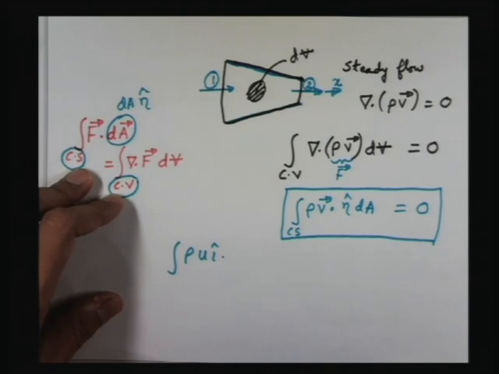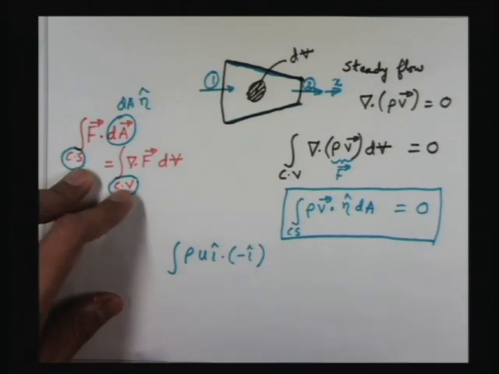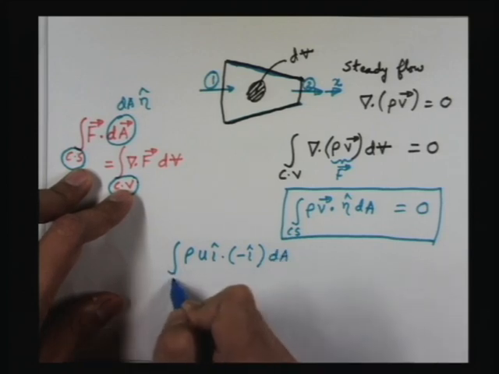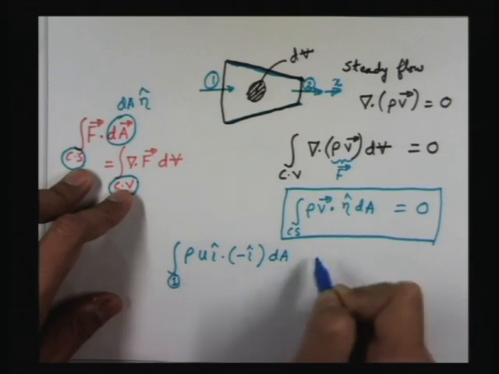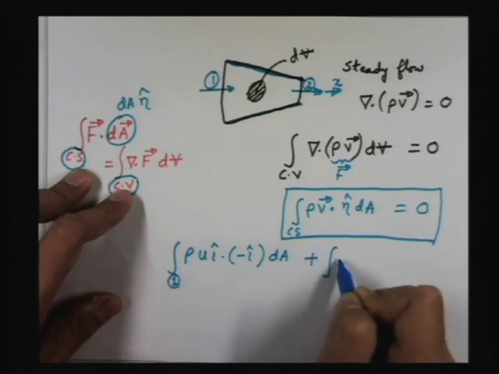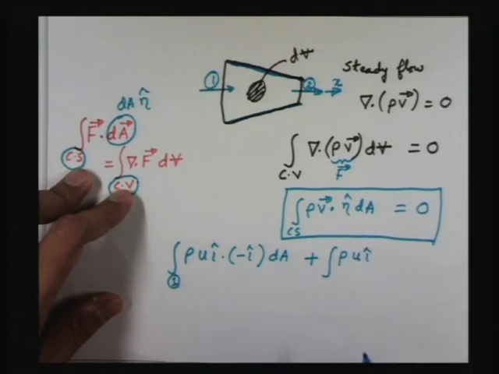Minus i, right. This over surface 1 plus, consider surface 2: v is u i and what is eta?